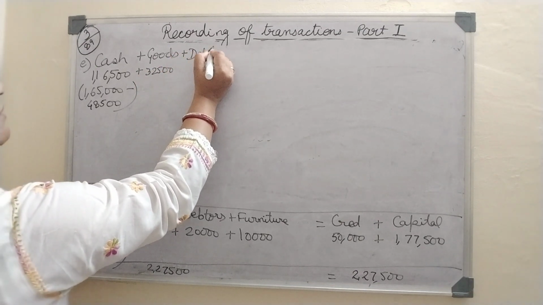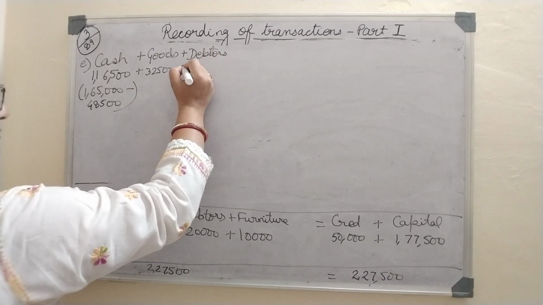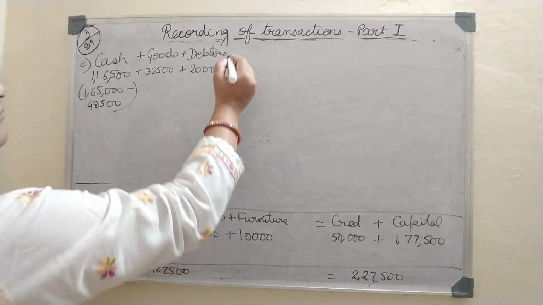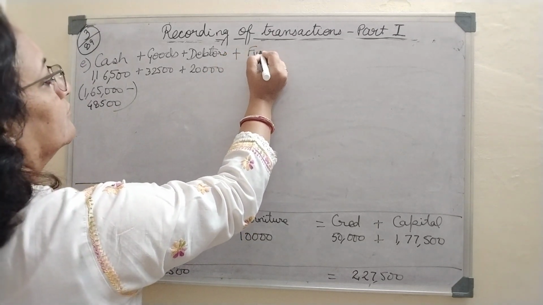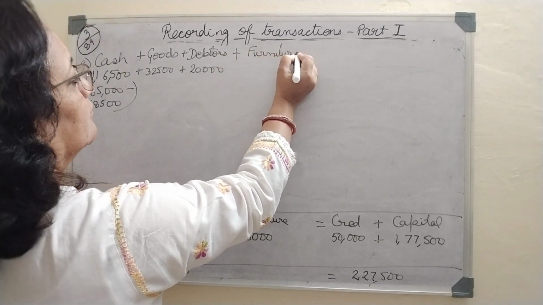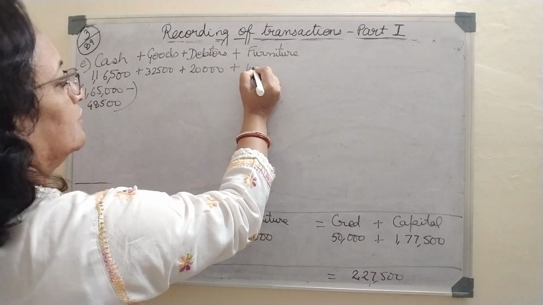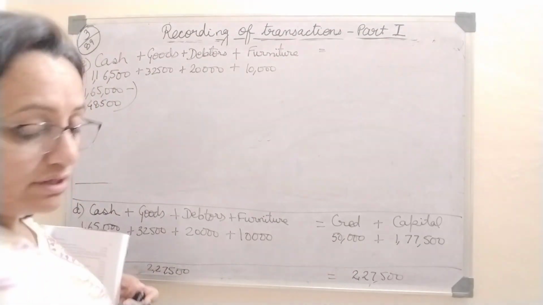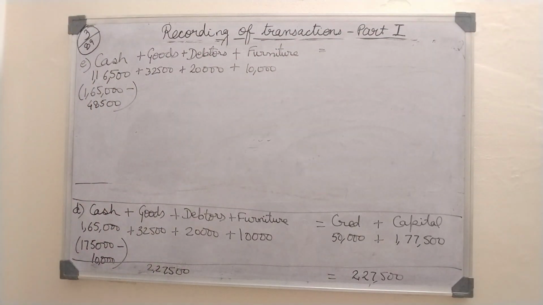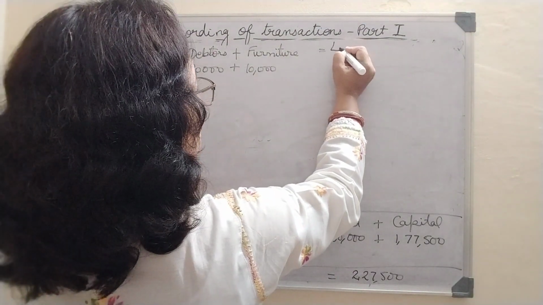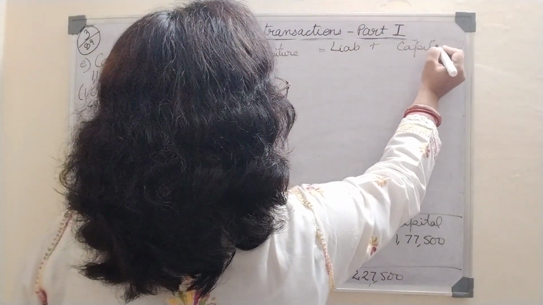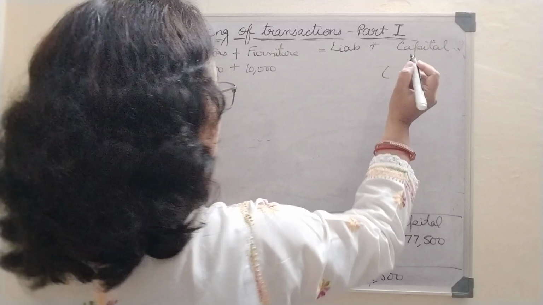Debtors will remain the same. Furniture will remain the same. Over here, this creditor we don't need to write now. So we will simply write liability plus capital, and in capital we will add this amount.